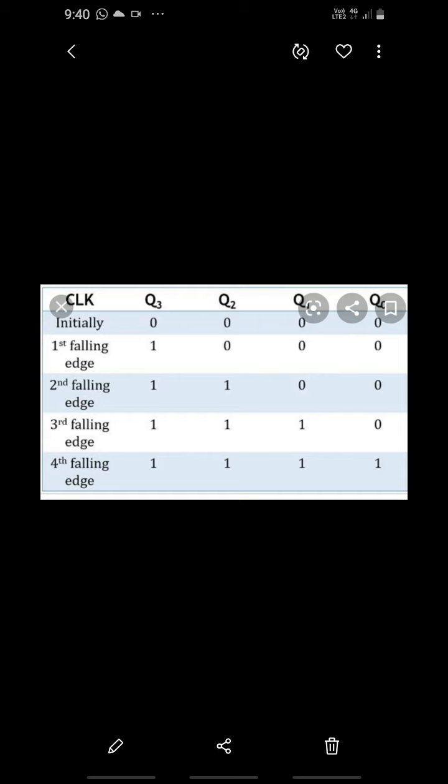During the third clock pulse, 0, 0. Next, the fourth clock pulse is 1. So first 0, 0, 0.